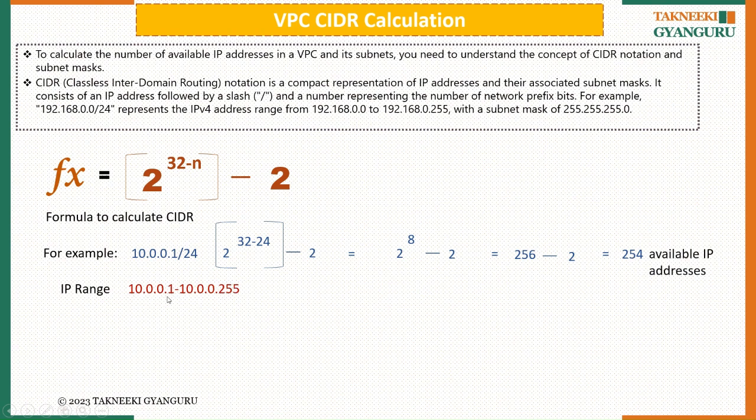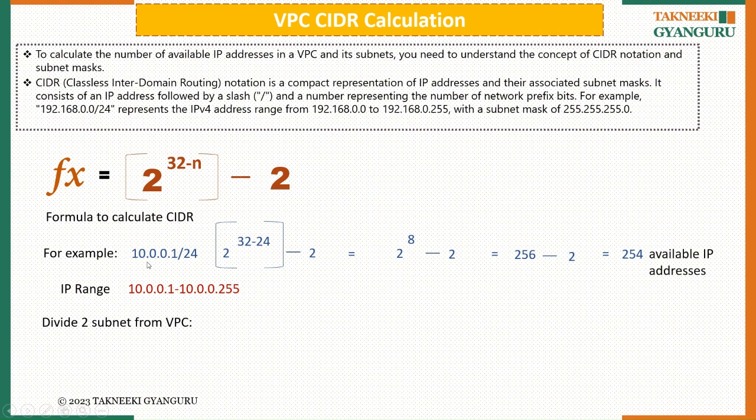So the range should be 10.0.0.1 to 10.0.0.255, correct?